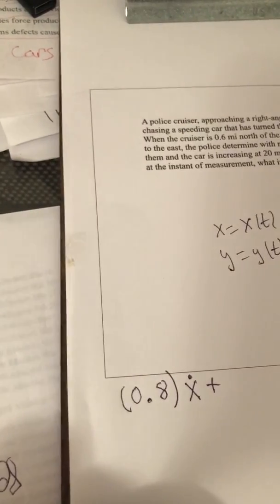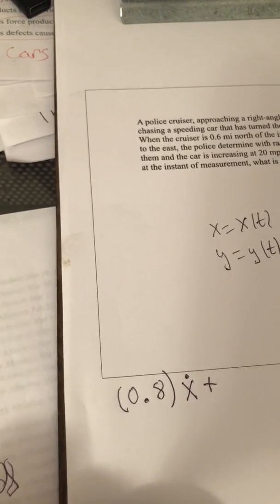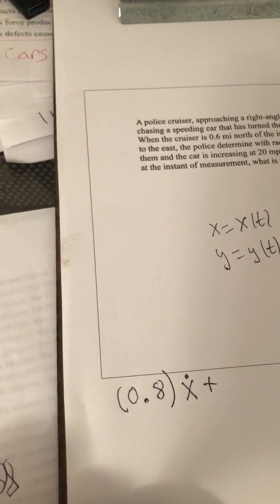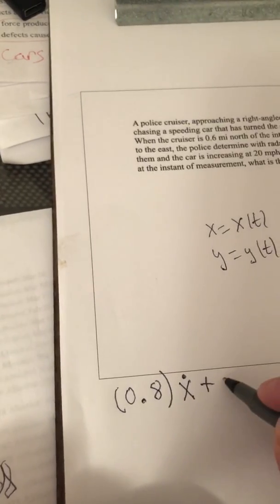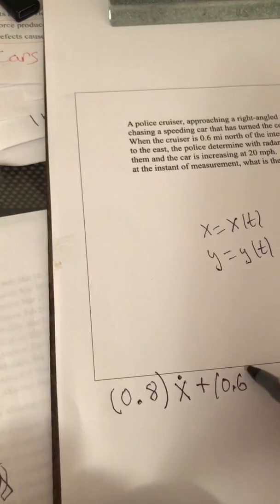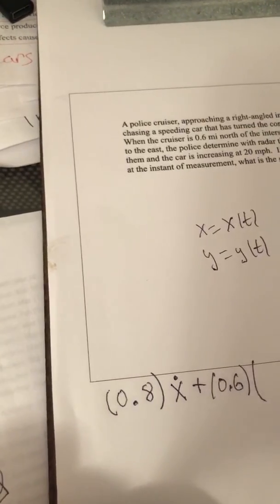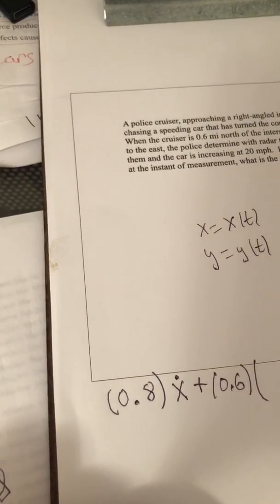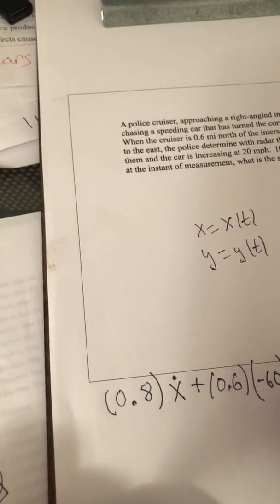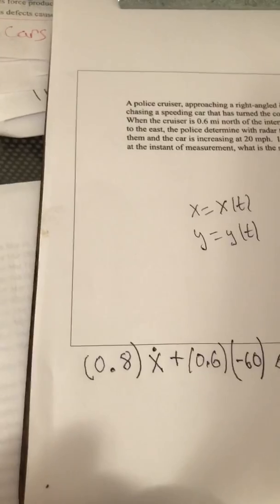And we have y, which is 0.6. And again, y dot, this is very important, y dot is actually negative 60. This is in miles per hour.